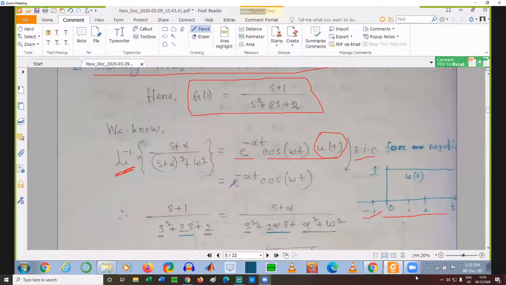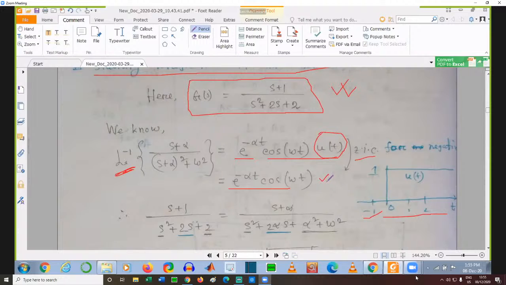So we get e to the minus alpha t cos omega t. That is the formula. Now we want to apply this formula to our transfer function.